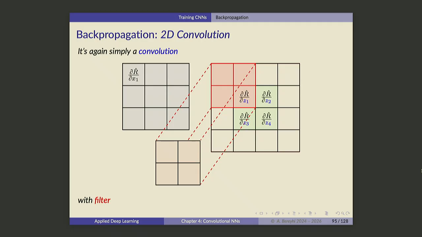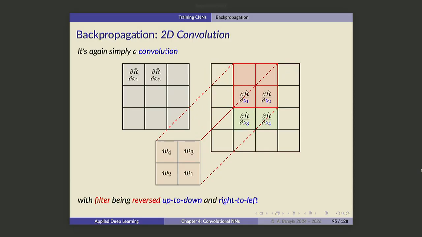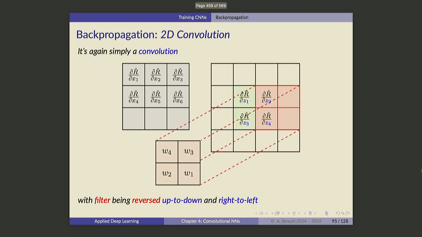And you can go ahead and check the other terms, and you're going to see that if you just reform your filter in this form, like you do a flip top down, left right, you flip everything, then you're going to get a new filter, and when you keep convolving that filter with this new gradient map at the output, you're going to get your gradient map in the input. Everybody's clear?